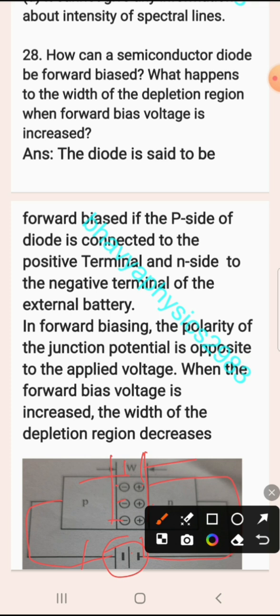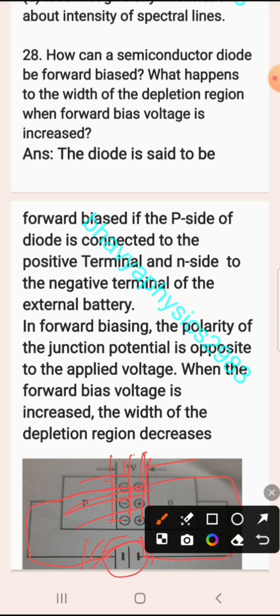The junction potential is opposite to the applied voltage, and when forward bias voltage is increased, the width of the depletion region decreases. See here what happens, when you connect this applied voltage, positive charges are repelled, that is holes are repelled, and hence they start to move like this.